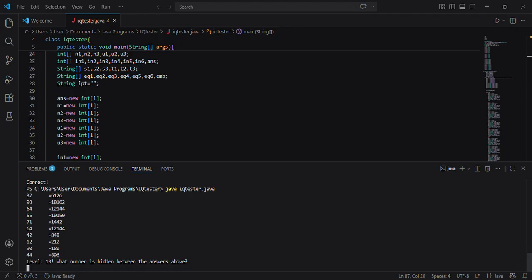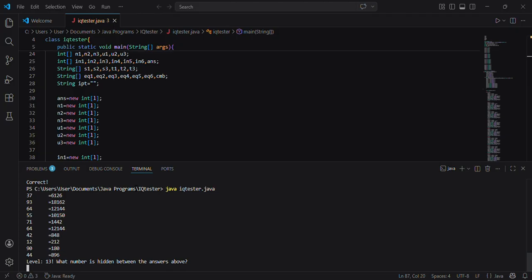Now we'll see what the hidden number is here. 3 plus 3 is equal to 6. On the first line, 37 is equal to 6, 1, 2, 6. So 3 plus 3 is equal to 6. Then 7, 12, 126.